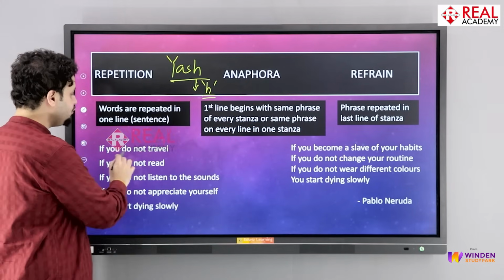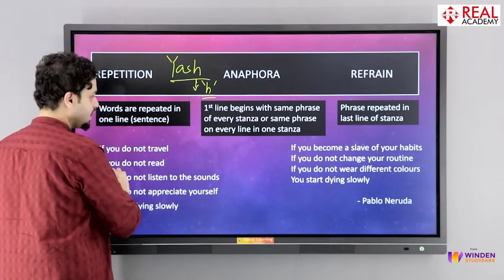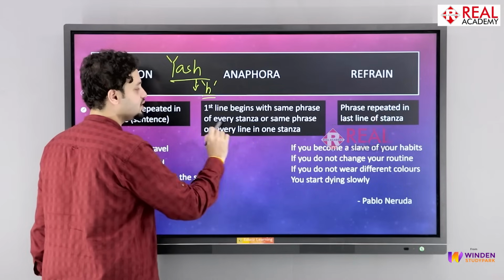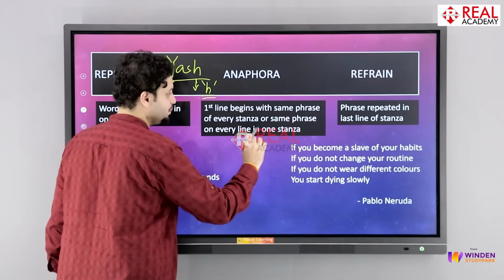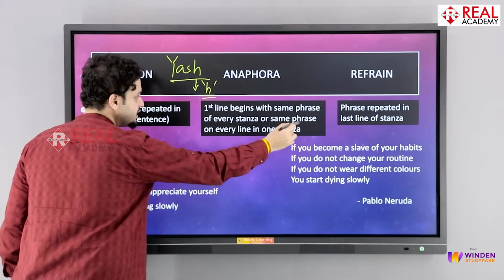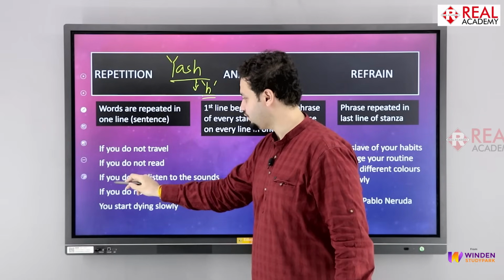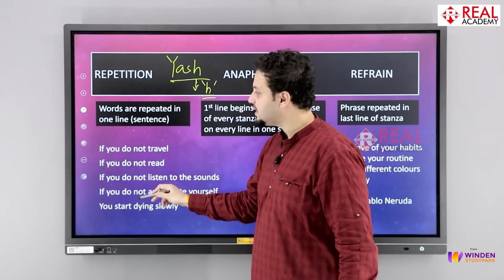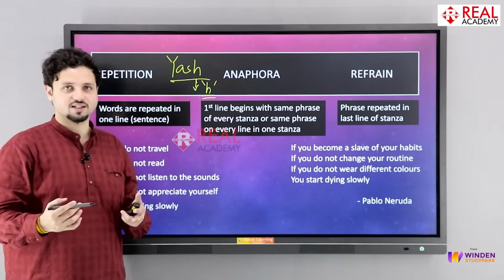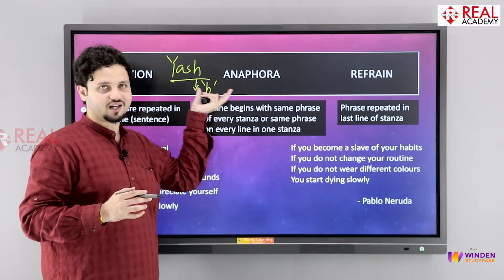If another stanza also repeats that first phrase, or the same phrase is repeated on every line in one stanza, for example, "if you do not, if you do not, if you do not," if such phrases are repeated, then it is called anaphora.